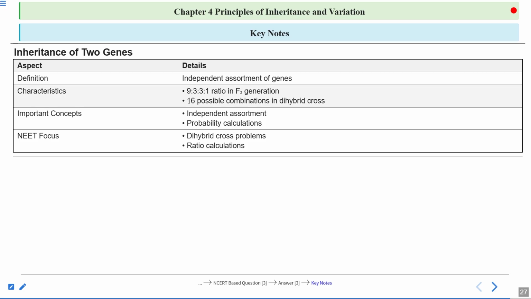Now, you get 16 possible combinations in the F2 generation. Here there is independent assortment of the genes.